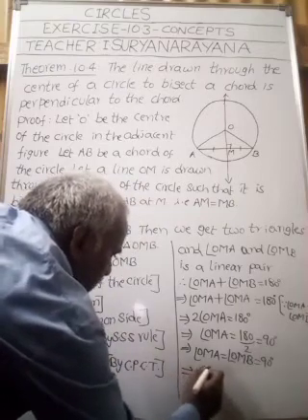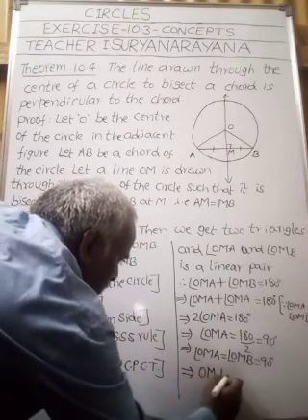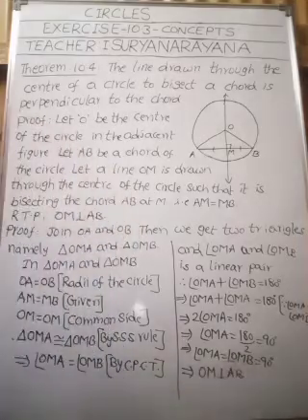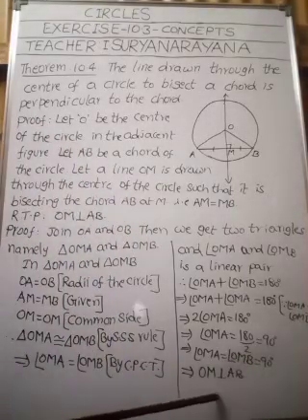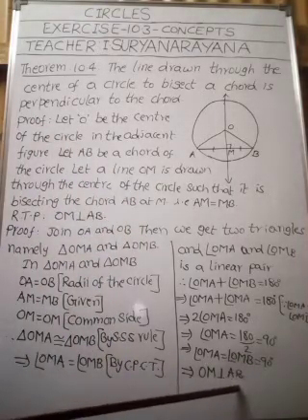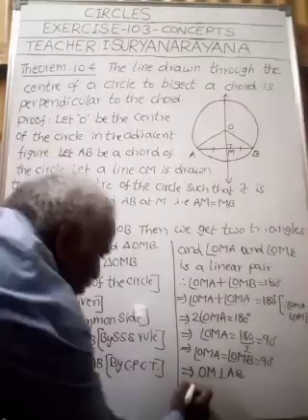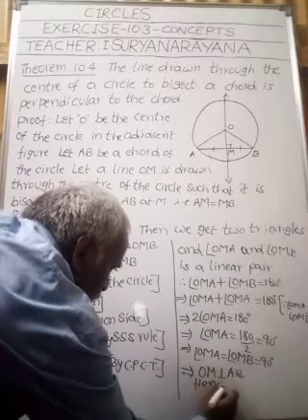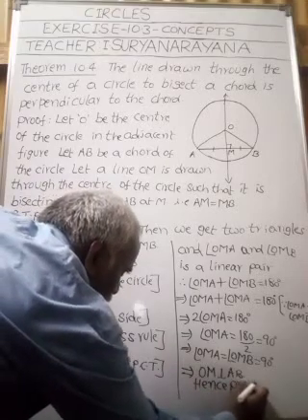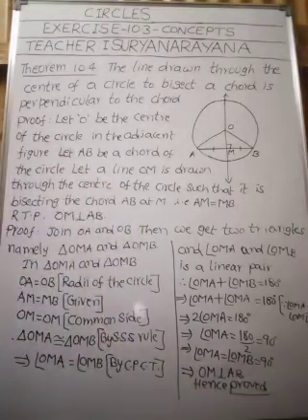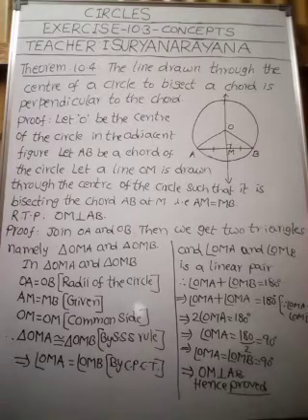This implies we can say that OM is perpendicular to AB. Hence proved. Understood, my children? Is it clear?